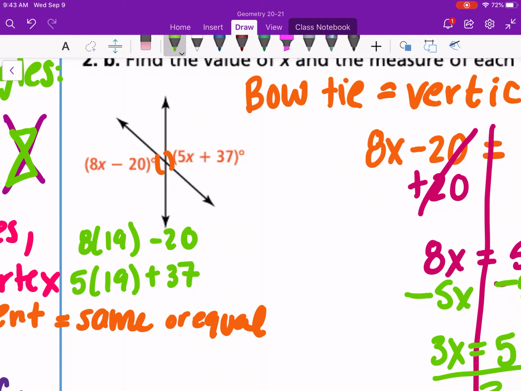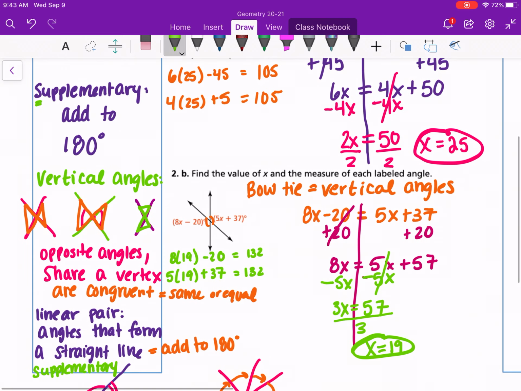Let me grab my calculator because I do not know my multiplication tables for 19 as well as I know them for other things. And so I have 8 times 19 minus 20, which gives me 132. So both of these angles are 132 degrees.